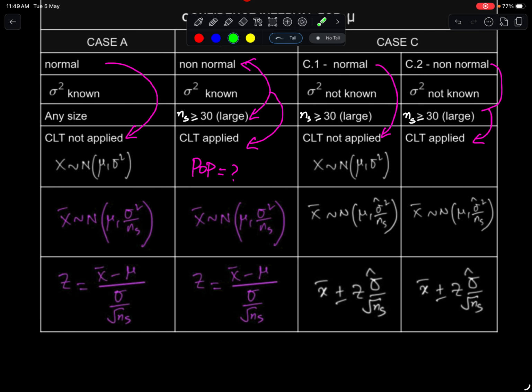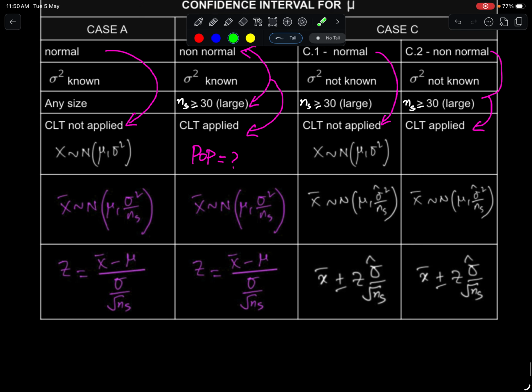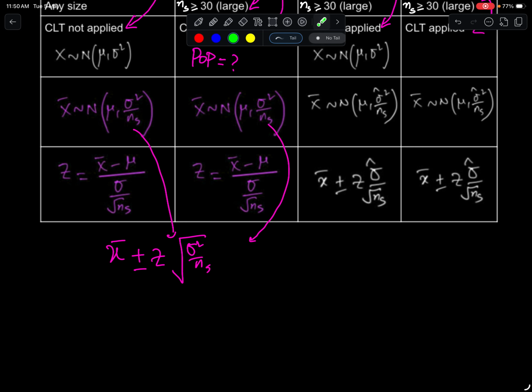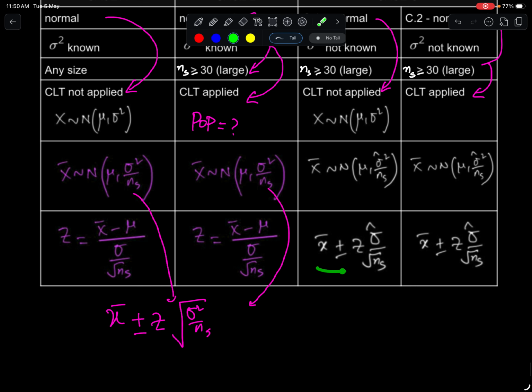Done. Now the Z value. Z is X bar minus mu, divided by the square root of this. Same here: X bar, mu, this. And the confidence interval of these two is X bar plus minus Z times this standard deviation. This is the CI of these two cases, and this one is the CI of these two cases.